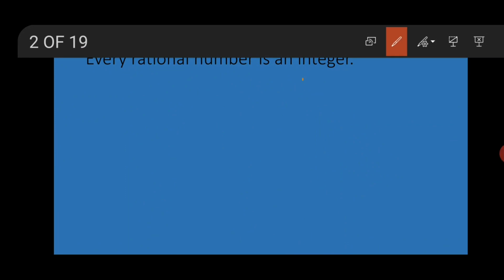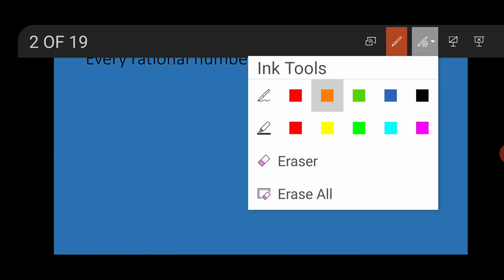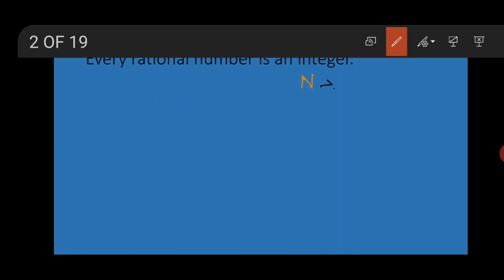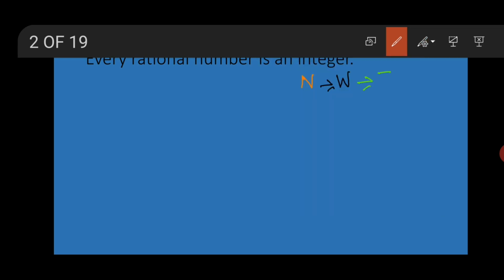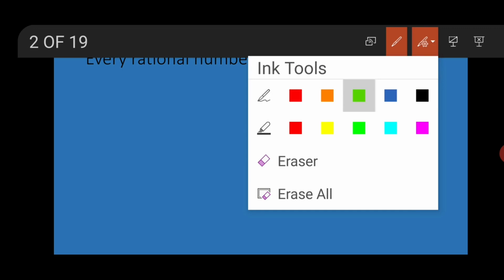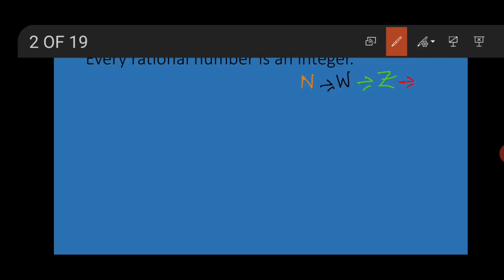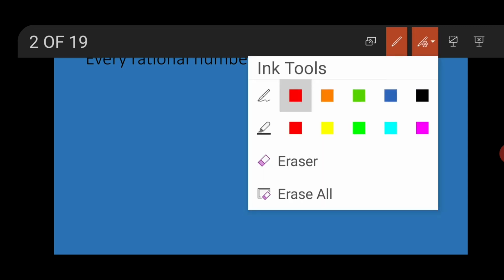State true or false. Every rational number is an integer. We know that every natural number is a whole number, and every whole number is an integer, and every integer is a rational number.